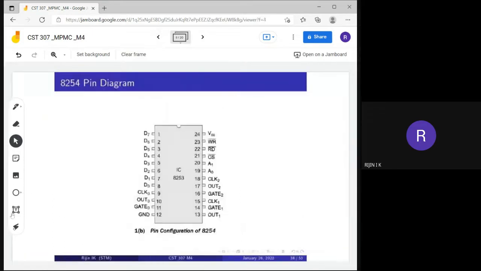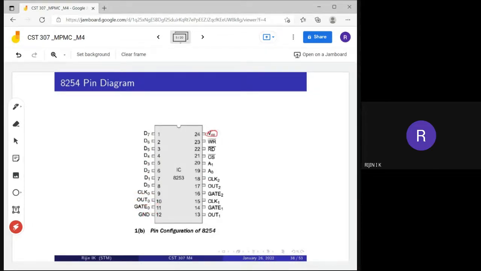So next, this is the pin diagram of this 8254 IC. Actually, it is a 24 pin IC. All these pins are arranged on either side of the IC, so we can call it a DIP, dual inline package. Pins 1 to 8 are the data bus connection. Then clock 0, out 0, gate 0, and this is ground.